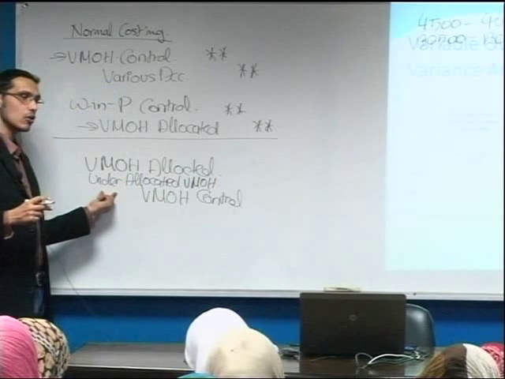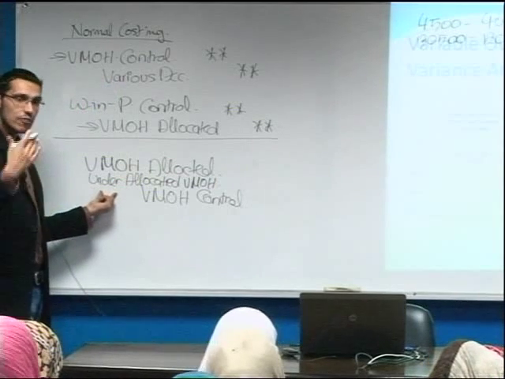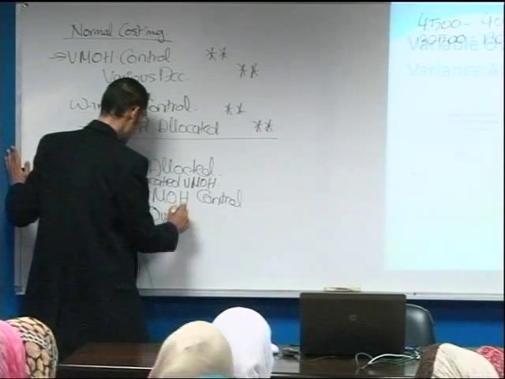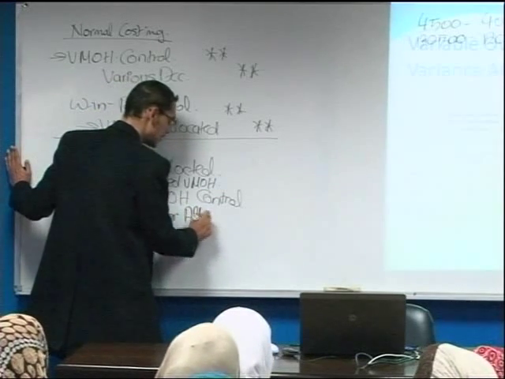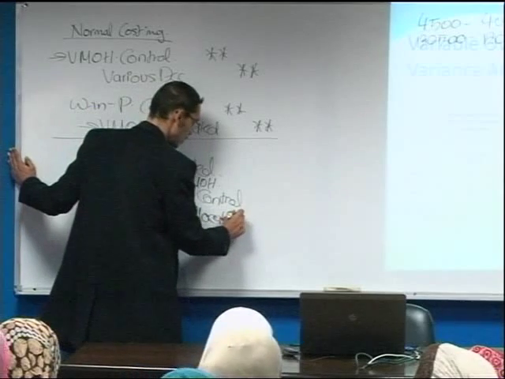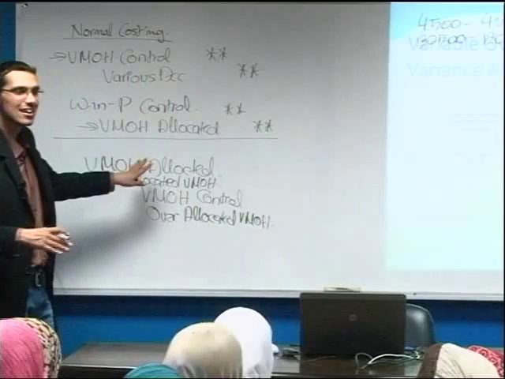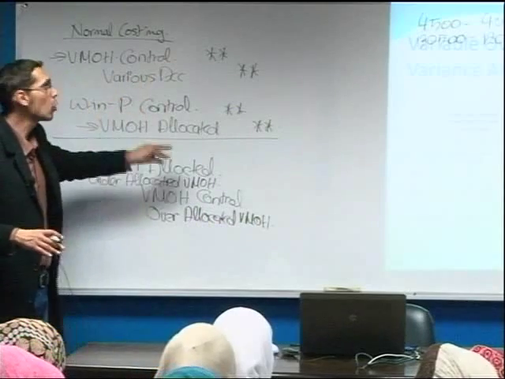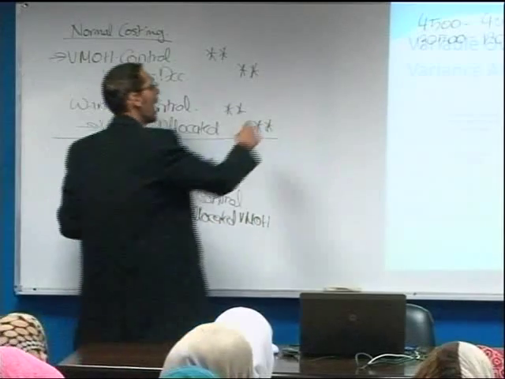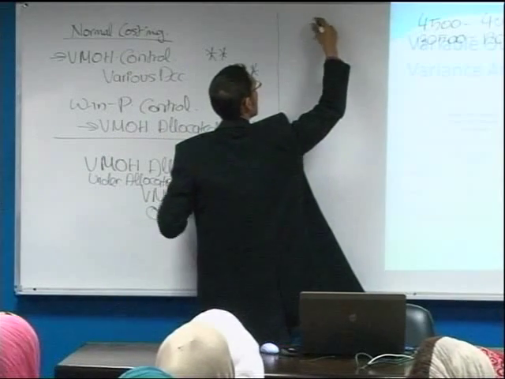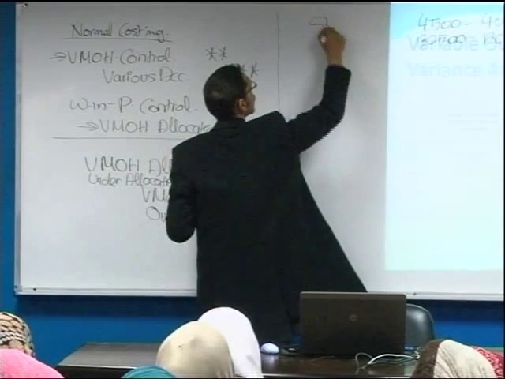If we have over allocation, we would credit an amount of over allocated variable manufacturing overhead. Of course, this is according to the normal costing, and we are going to make the same journal entries for the standard costing.